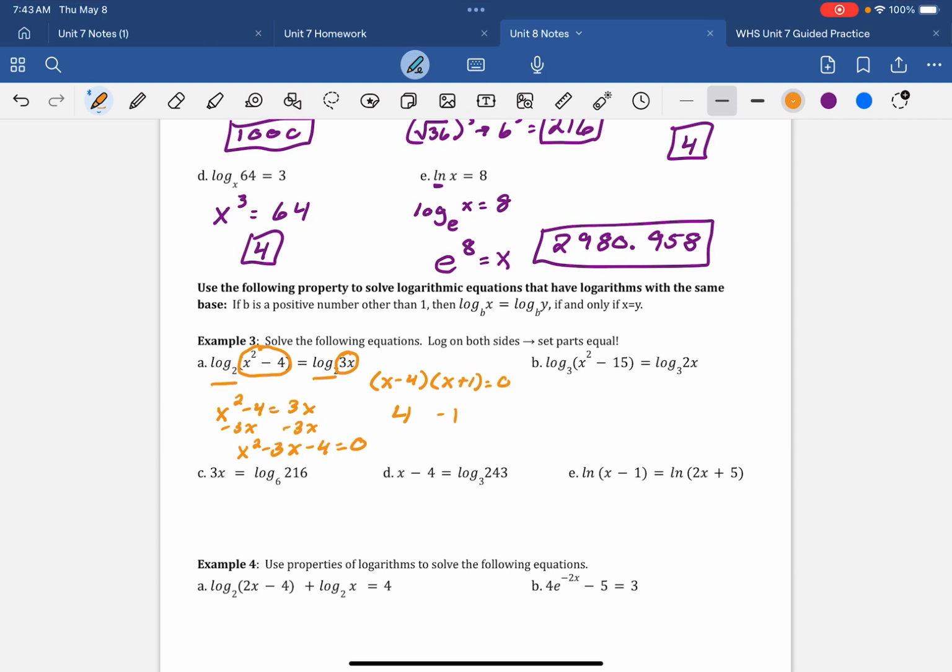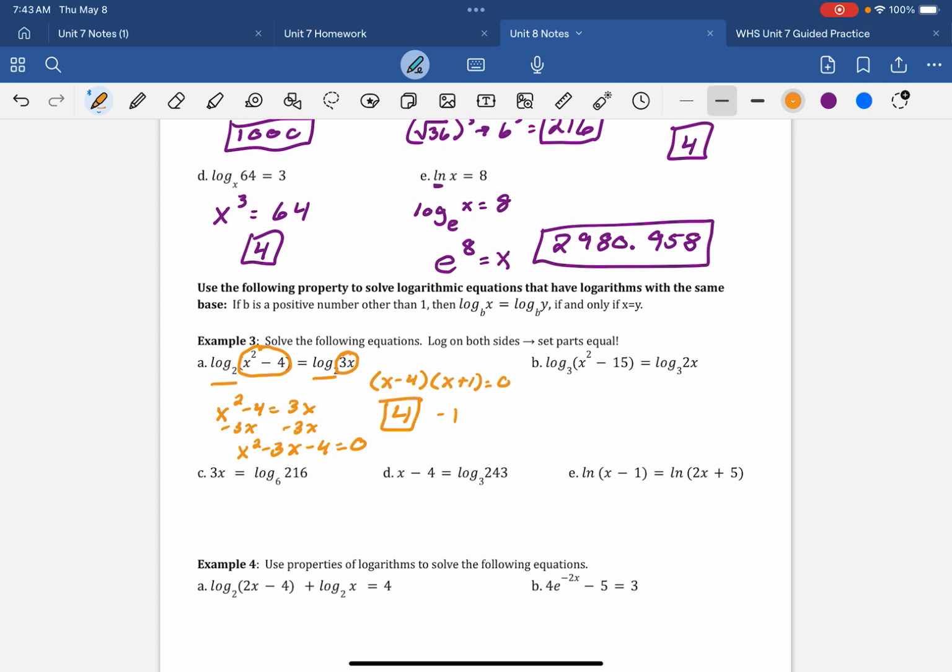Now, we do have to plug these back in. A couple things you have to understand is we can't have 0 inside a log, and we can't have a negative. So if it's negative, we can't do it. Like I can't take a log of negative 3 and make it work. So as I plug in these numbers, if I plug 4 into both sides, I get a number.